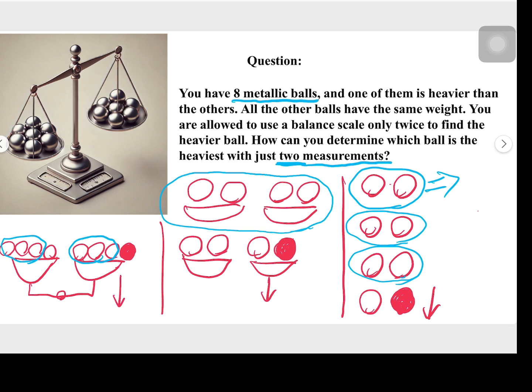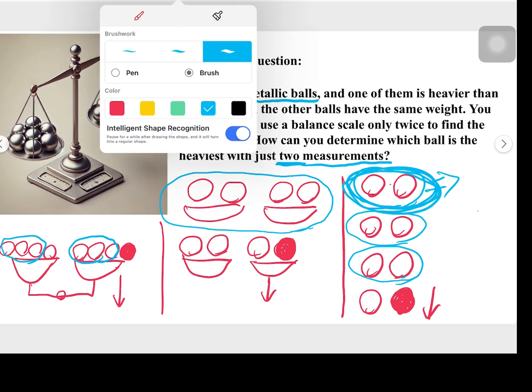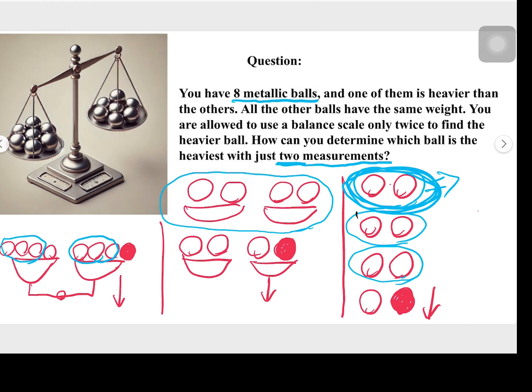Okay, let's put this pair aside. I don't want to measure it, but instead I measure all other pairs. So I take these 3 and another 3, and put them on different sides.